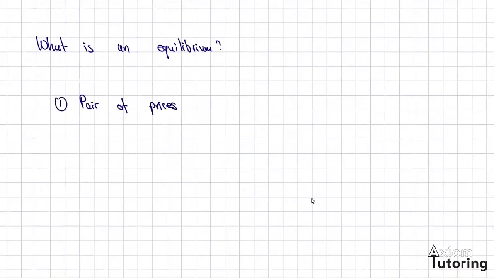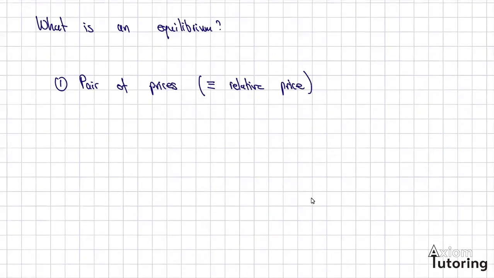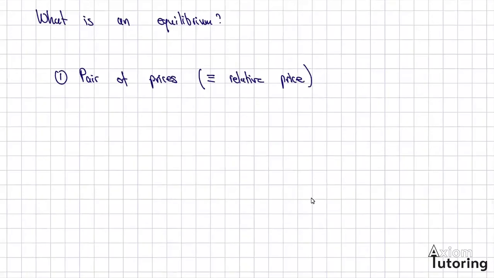We need a pair of prices. Note, this could also be equivalent to a single relative price. And we'll come back to this idea in a moment, right? But the price of two goods will give a ratio, which we know from before is the slope of the budget constraint, right?